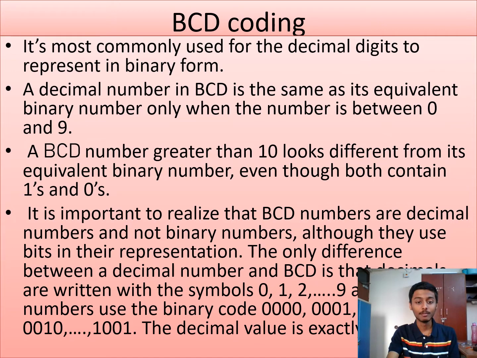The only difference between a decimal number and a BCD number is that decimal numbers are written with the symbols 0, 1, 2, 3, 4 and so on to 9. These are more user-friendly symbols, but BCD numbers use binary codes as their representation: 0000 for 0, 0001 for 1, because these codes are more user-friendly to computers, but the decimal value is exactly the same.